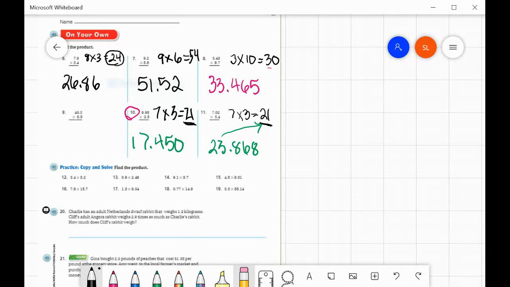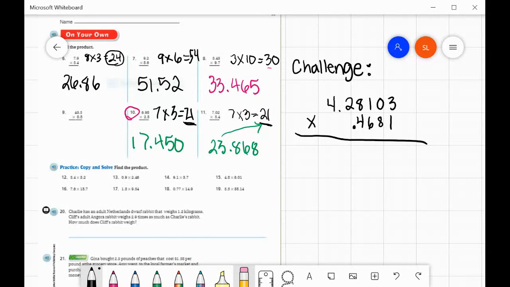All right, so this is our challenge. 4.2810 times 0.4681.